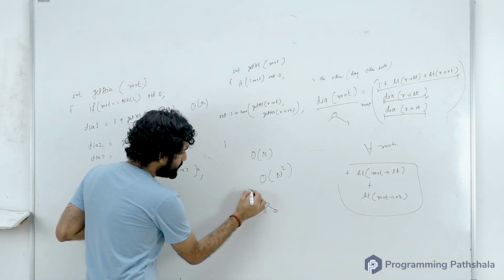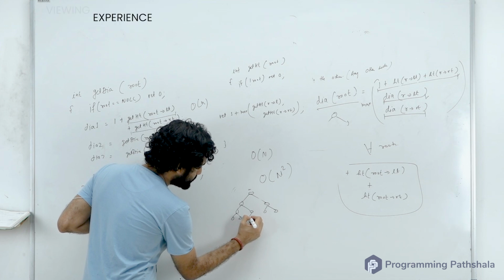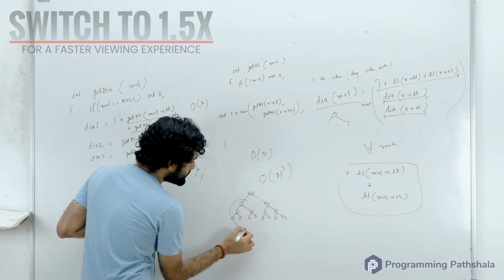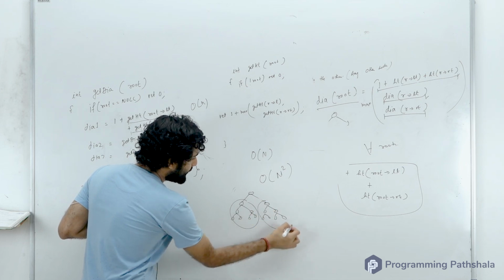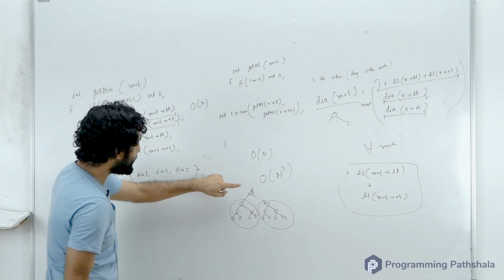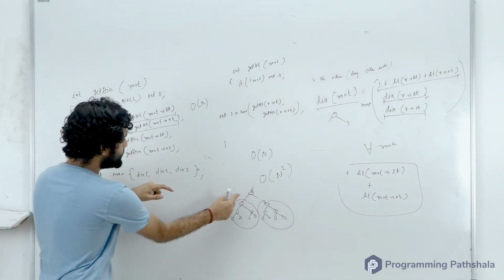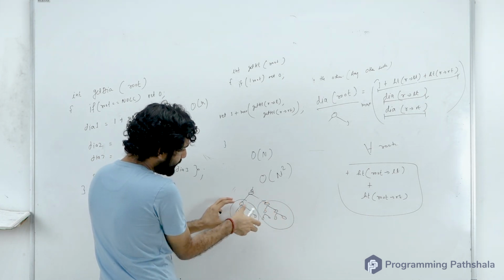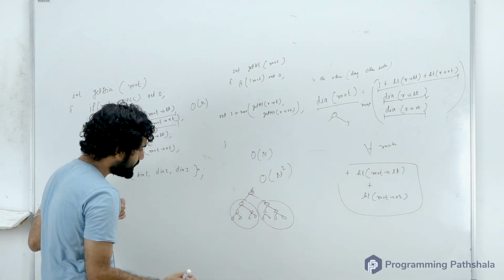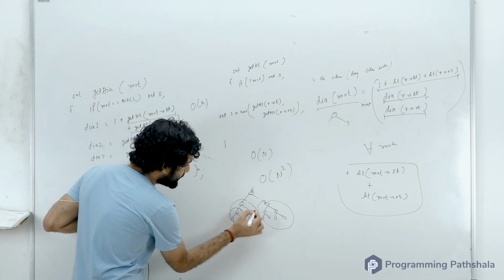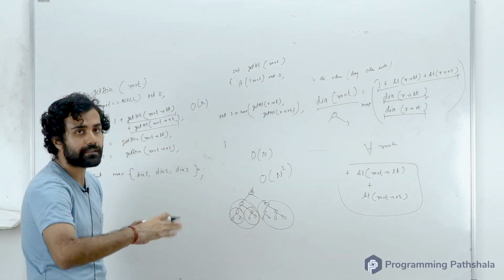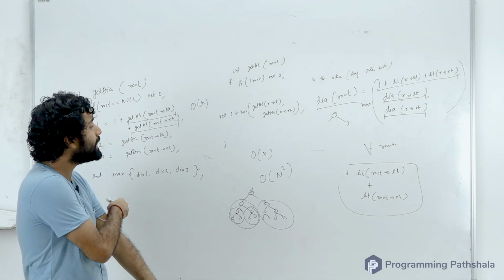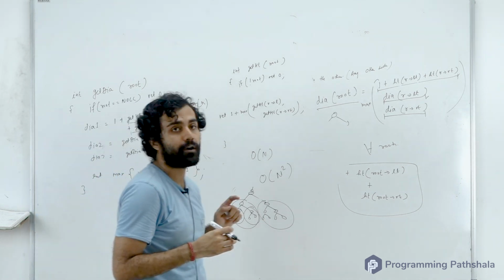When you call get height for this, and when you call get height for this, so when you were here at the root node, you invoked get height for this and get height for this, that would have taken n by 2 time almost. And then when you invoke get height for this and get height for this, it would have taken even less time, right? So can you think about a tree where it would be around order n square?